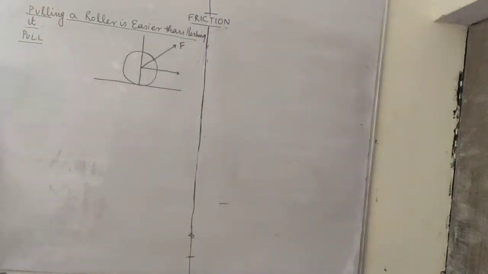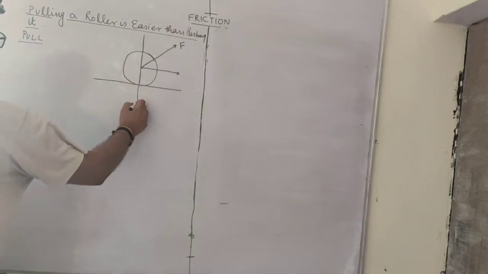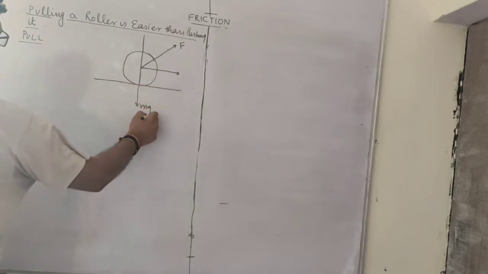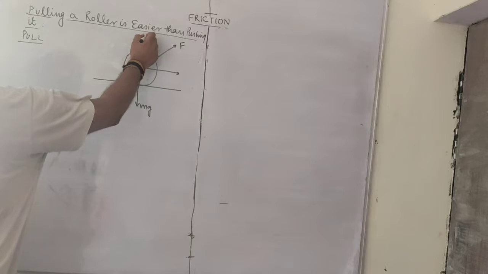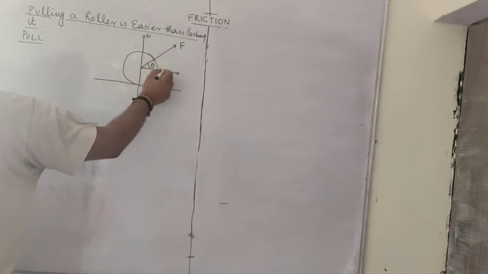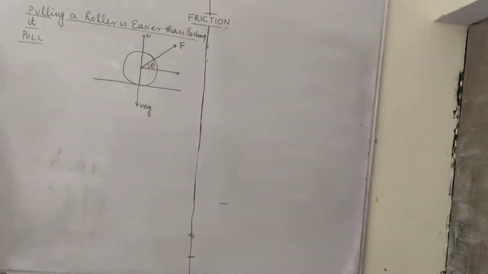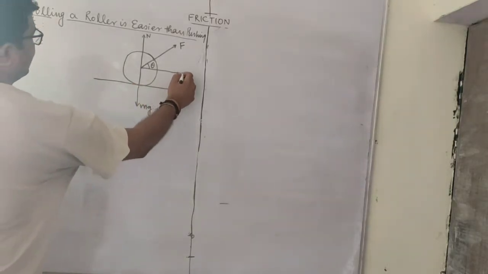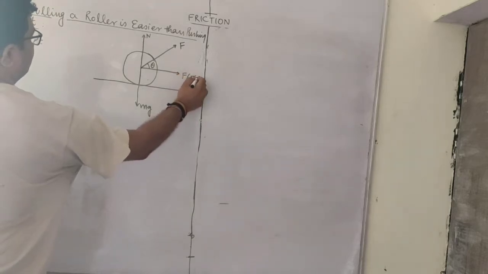Force is applied. This is the weight mg. Normal reaction. Angle with the horizontal. So what does this component become? This component becomes F cos theta.